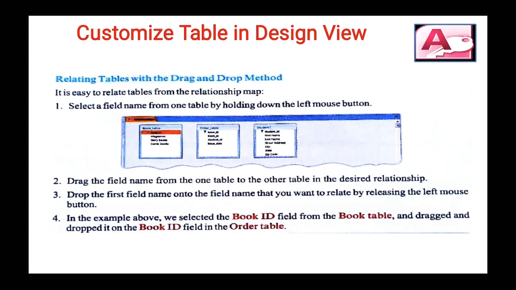Select a field name from one table by holding down the left mouse button. Drag the field name from one table to the other table in the desired relationship. Drop the first field name onto the field name that you want to relate by releasing the left mouse button. In the example in the slide, we selected the Book ID field from the Book table and dragged and dropped it on the Book ID field in the Order table.